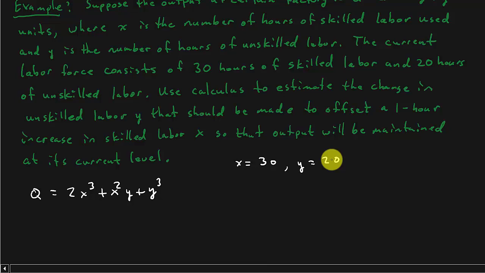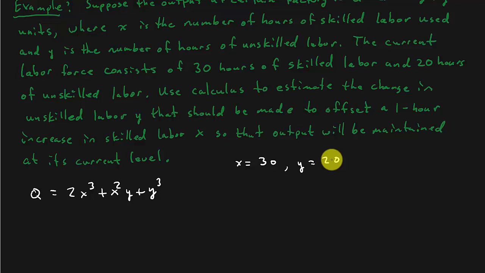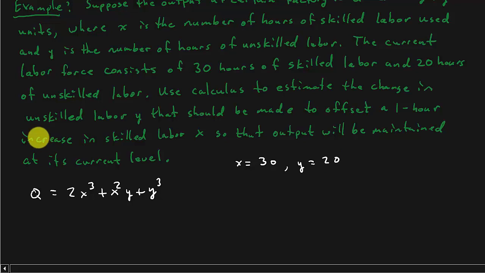And what other information do they give us? They tell us that unskilled labor Y should be made to offset a 1 hour increase in skilled labor.